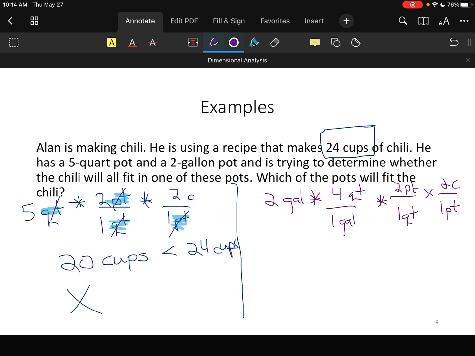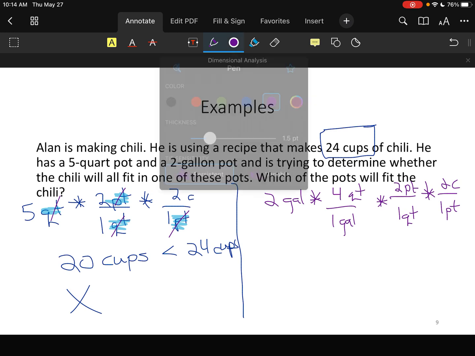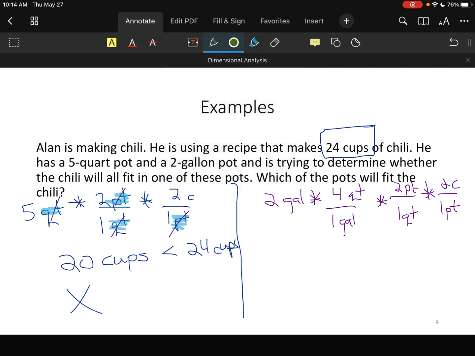All right, so we clean this up. Now go through and cancel out your units and make sure you end up in cups. Units should be on the diagonal and they should be getting canceled out. Gallons cancel, quarts cancel, pints cancel. If you messed up one of those conversions, that's why you write it out by hand.